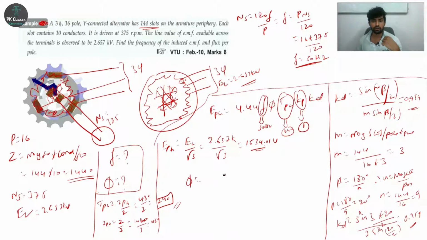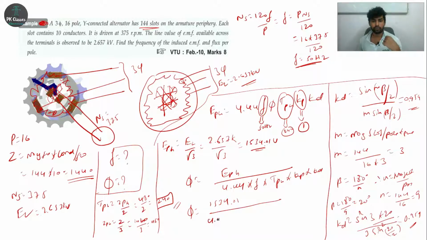So now I'll substitute here and I'll get flux. Flux is equal to E phase divided by 4.44 frequency into T phase into Kp Kd, right? Flux is equal to E phase, 1534.01, divided by 4.44, frequency is 50, into T phase, 240 we got, into Kp is 1, into Kd is 0.95.